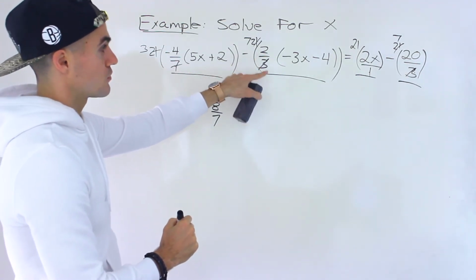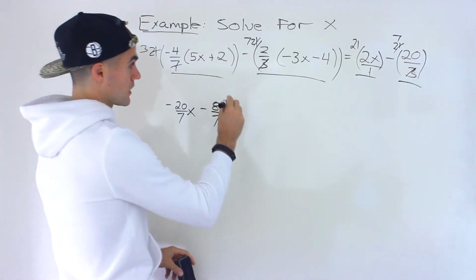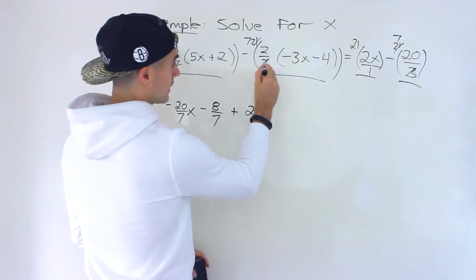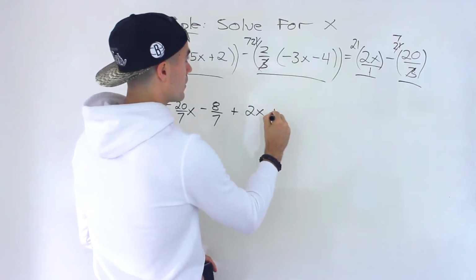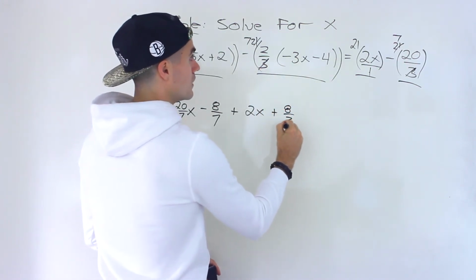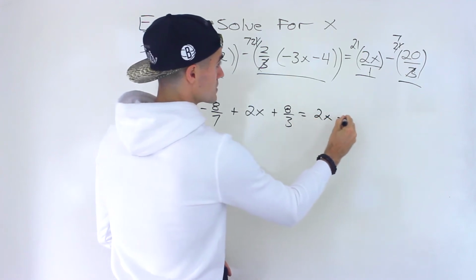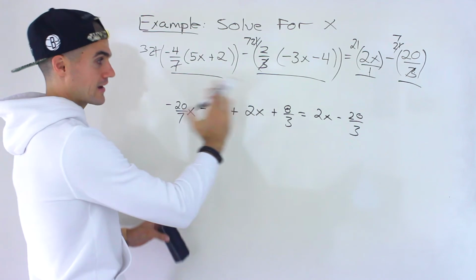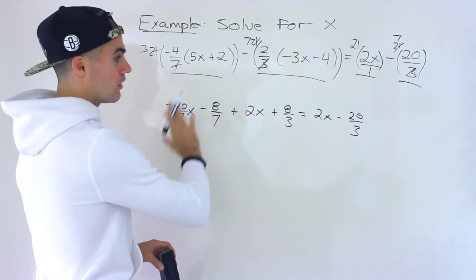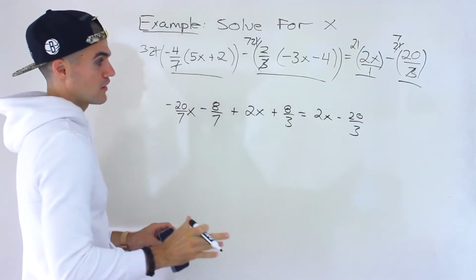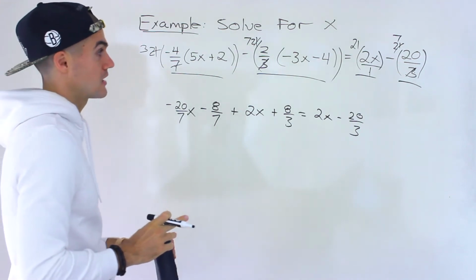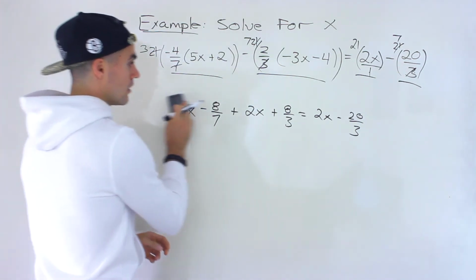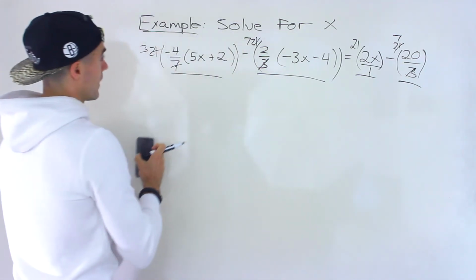Then the negative 2 over 3 times a negative 3. Notice the 3's would cancel out. The negatives would turn into a positive, so that would be 2x. Negative 2 over 3 times negative 4 would give us positive 8 over 3. And then you'd have 2x minus 20 over 3. And then from here, you would bring all of the x values to one side, all the numbers to the other, and then simplify from there. You should end up with the same answer. But personally, I'm just going to get rid of the fractions here.